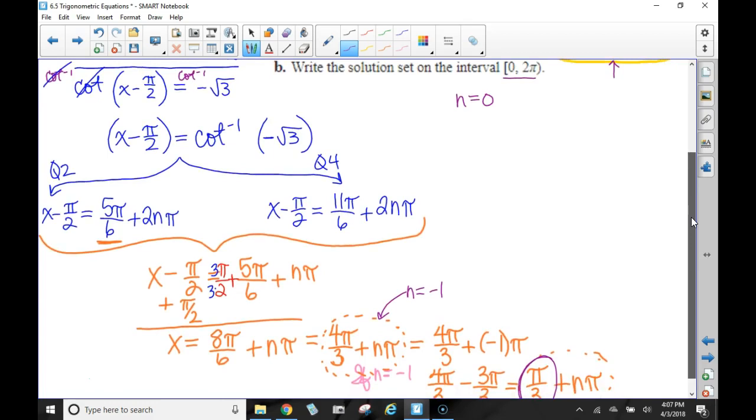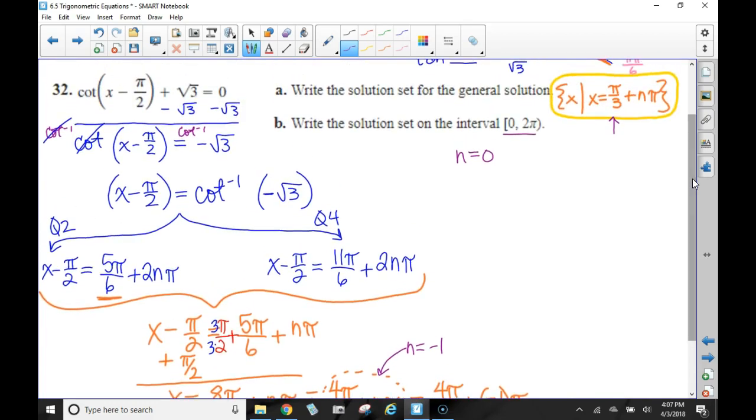But since we went ahead and did that work a minute ago, we can start with n equals 0. Now, when n is equal to 0, our formula above says x is equal to pi over 3 plus 0 pi. So we're going to get x is equal to pi over 3.